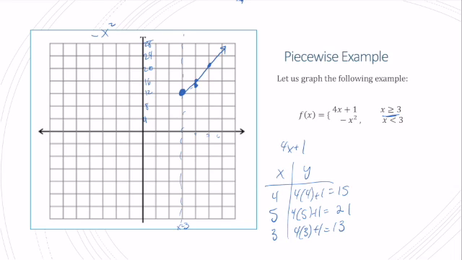Now I have the graph when x is less than 3. This is a parabola. Okay, so when x is 0, y is 0. When x is 1, y is negative 1. When x is 2, y is negative 4.